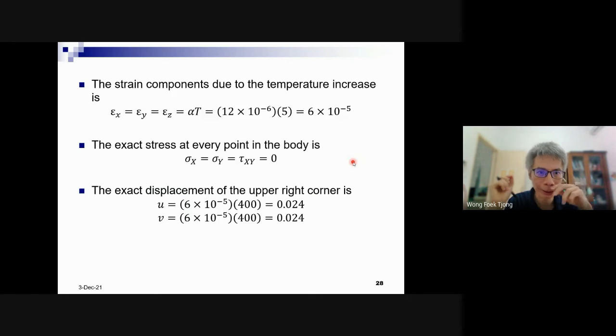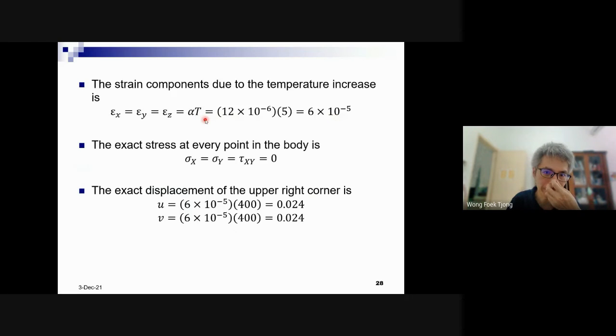our previous knowledge that when we have a metal like steel, and the temperature increases, it expands, right? The steel will expand with the formula given by alpha T, where alpha is the coefficient of thermal expansion times the temperature change. That's the strain of expansion.